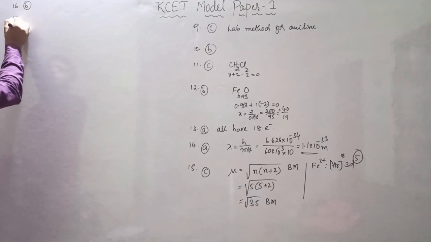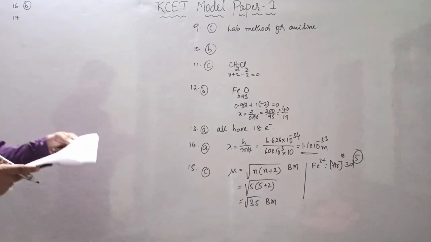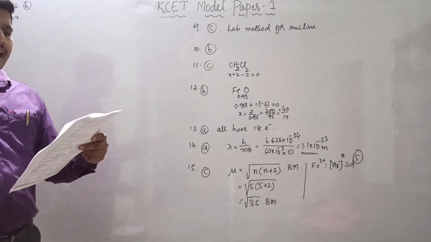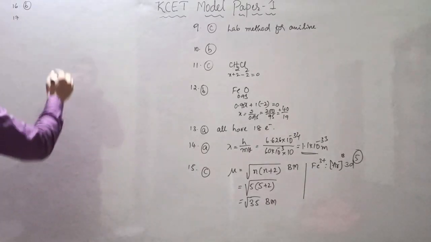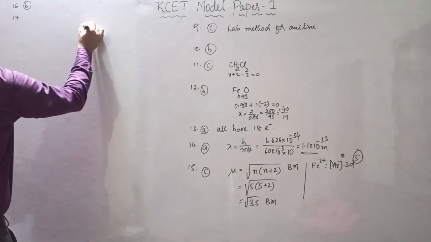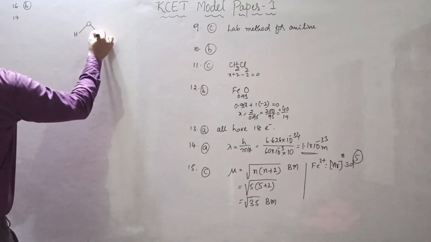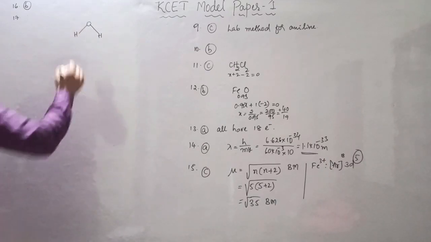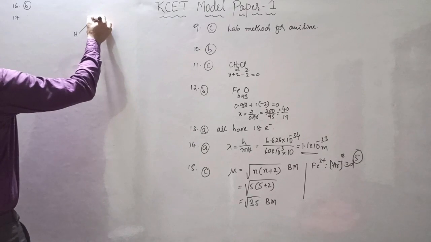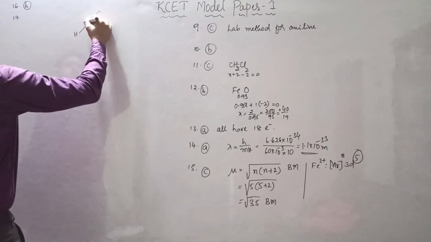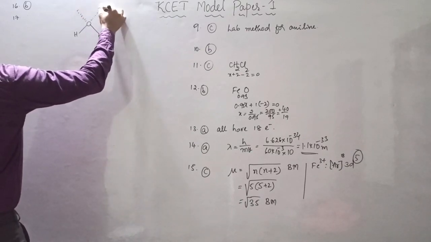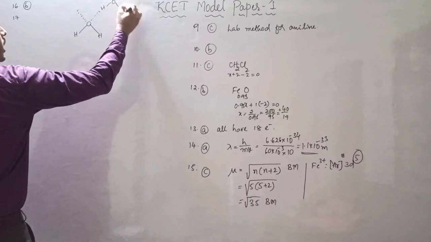Okay. Next, 17th. The maximum number of hydrogen bonds that a molecule of water can have. Any idea? So water molecule structure is like this: O, H and H. Right. So oxygen has 2 lone pairs, so it can form 2 hydrogen bonds with other water molecules like this, isn't it?